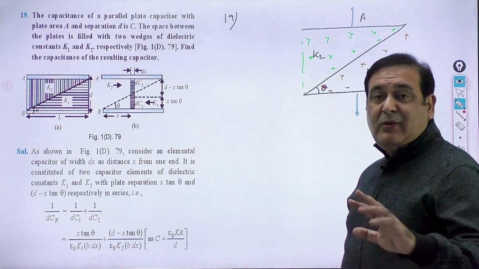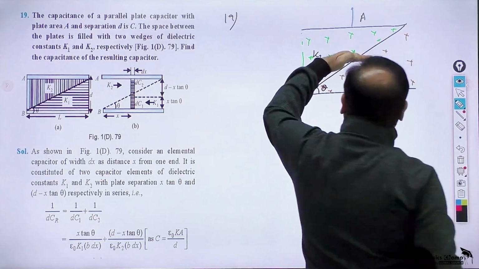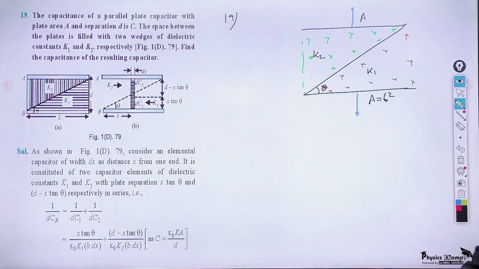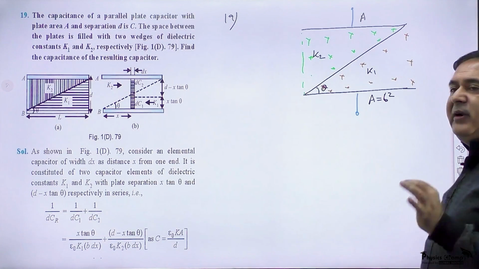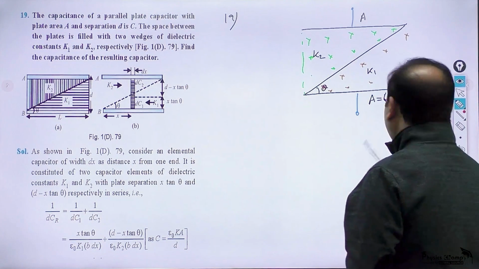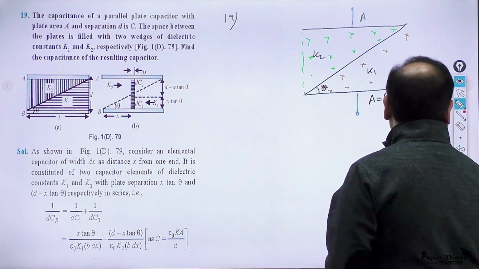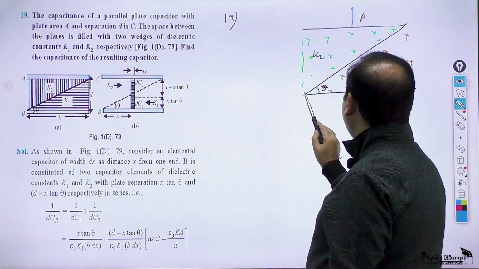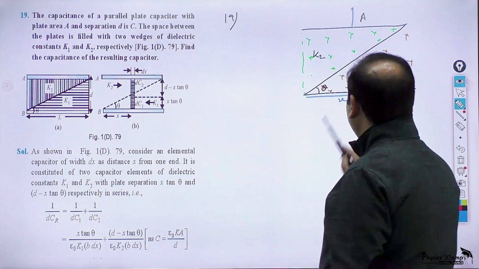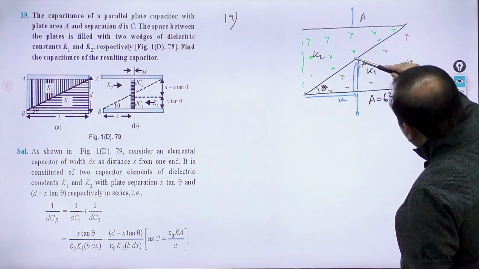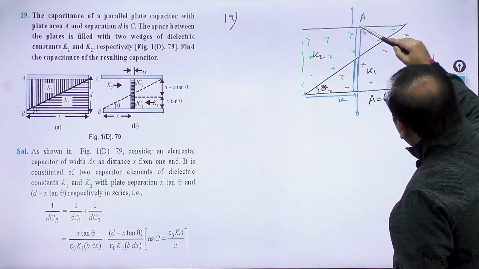See, in earlier questions we have done it like this or like this, but now K1 and K2 exist diagonally between the two plates. So I would take a similar concept once again. Let at a distance x from here, I take a small portion of width dx.